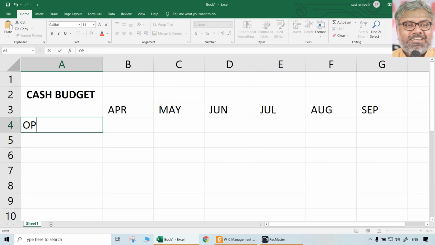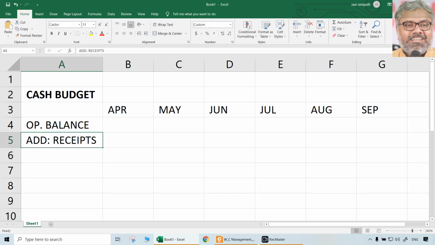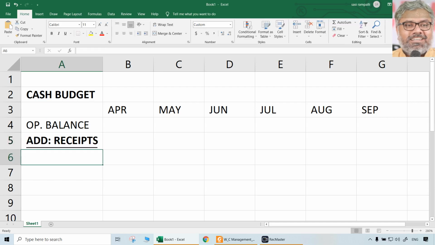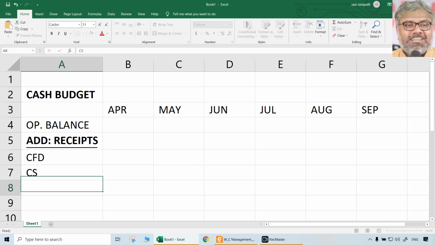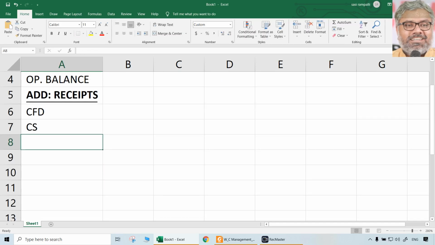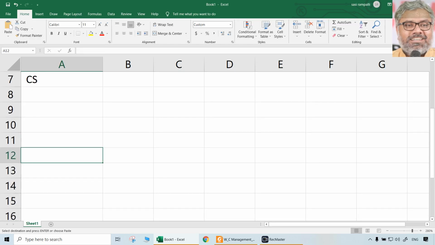So naturally, first we should start with the opening balance. Receipts. Add receipts. What will be the receipts? Generally, collection from debtors and cash sales. If any other receipts are there, we will see that. Leave some space.